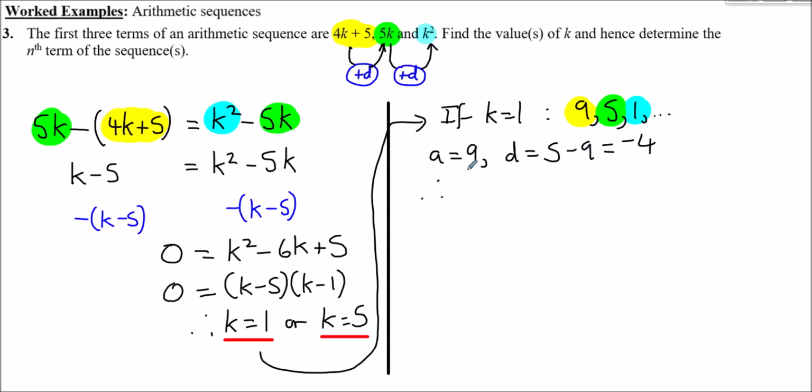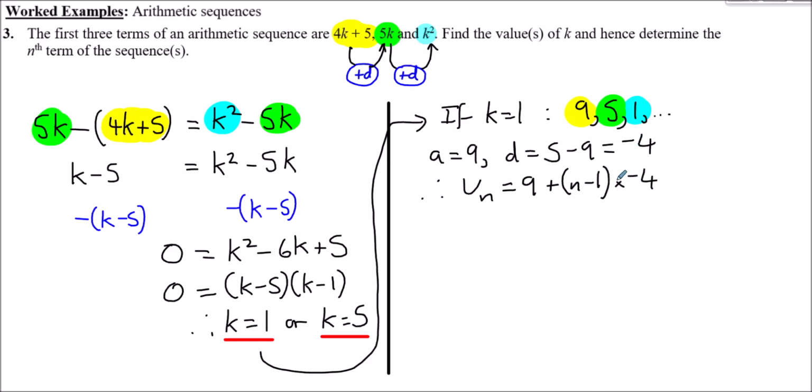So therefore the nth term of this one, if k were 1, would be un equals A, which is 9, plus n minus 1 multiplied by the common difference, so n minus 1 multiplied by minus 4.